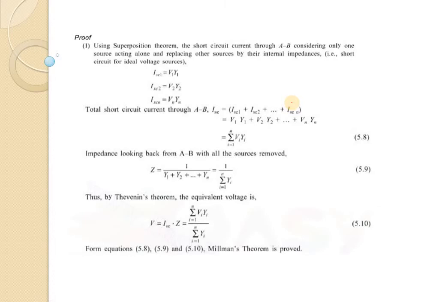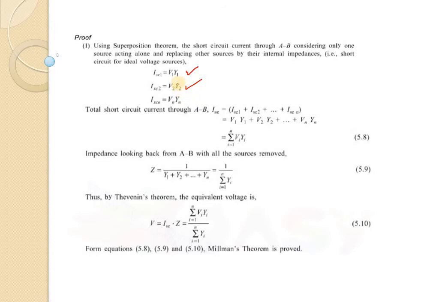So let us consider, using the superposition theorem, the short circuit current through AB, considering one source acting alone and replacing all other sources by their internal impedance. The short circuit current due to the ideal voltage source is Isc1 equals V1 into Y1, and Isc2 equals V2 into Y2.